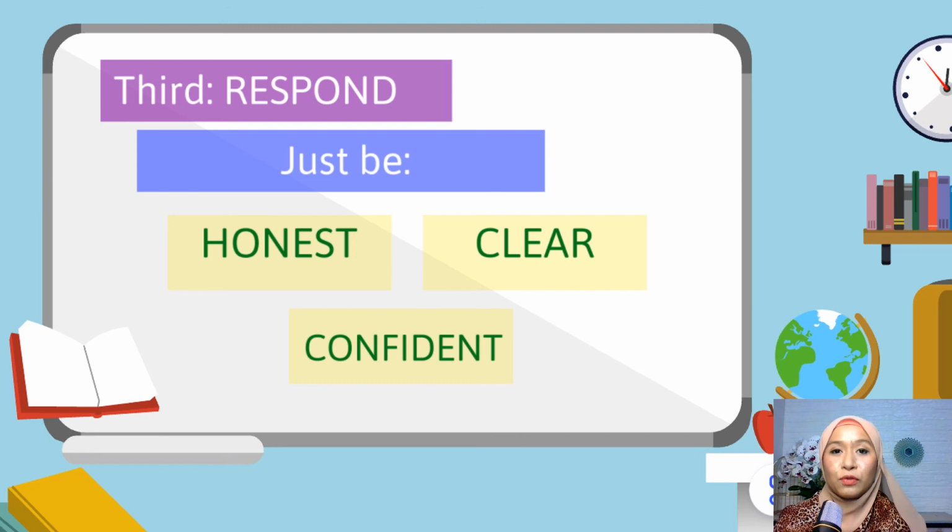Third, respond. Remember that the audience is asking the question based on your topic, so you would know the answers, or you can think about other answers that are related to it. So just be honest, be clear, and be confident of your answer.